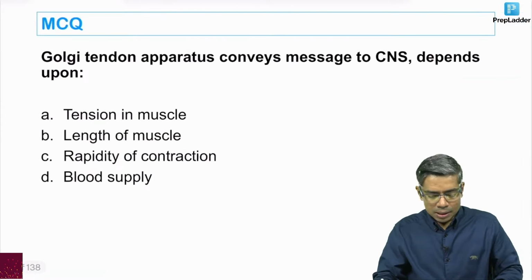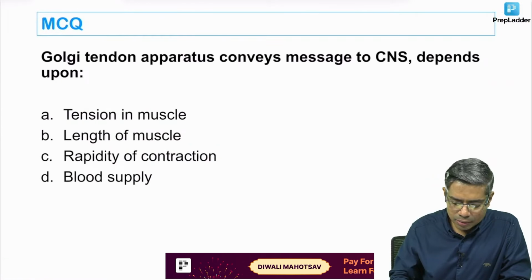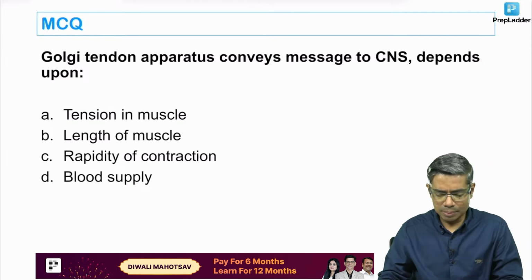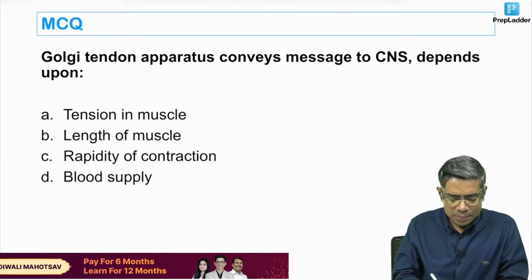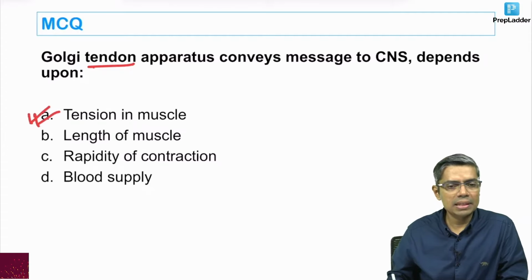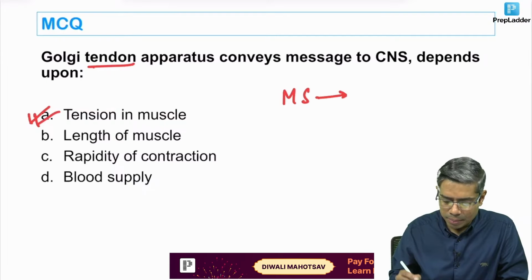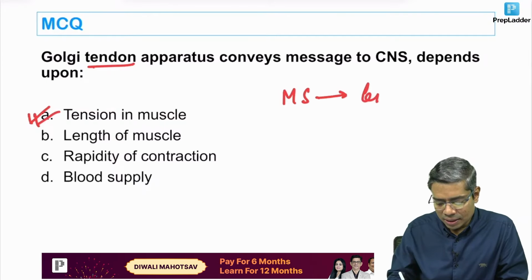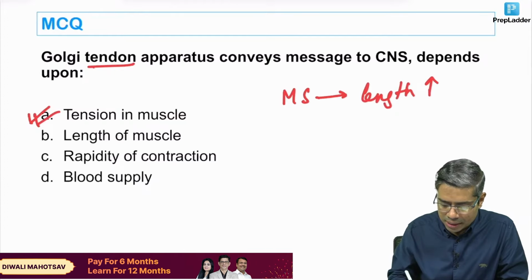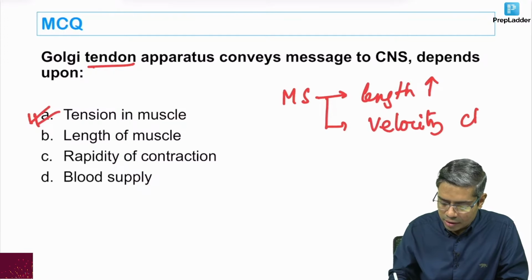Okay, now the Golgi tendon apparatus conveys message to the CNS. This we are not going to discuss much because I believe all of you know the answer. T for tendon, all of you remember: Golgi tendon organ detects the tension in the muscle, and muscle spindle, MS, detects the length of the muscle, increase in length, and the velocity change of the muscle.